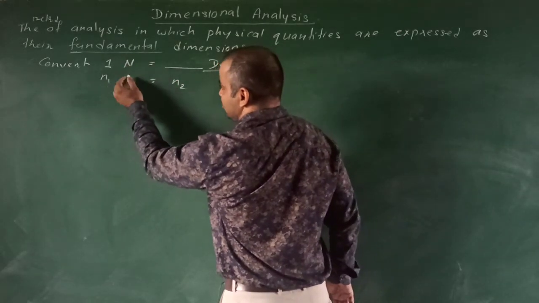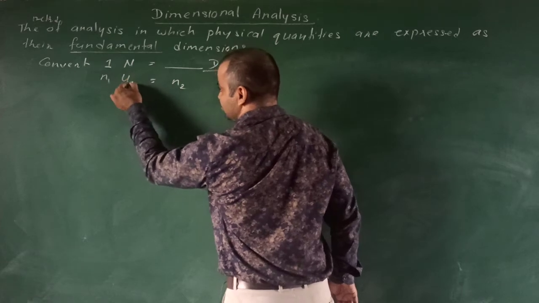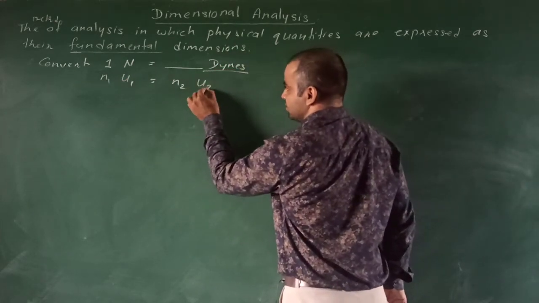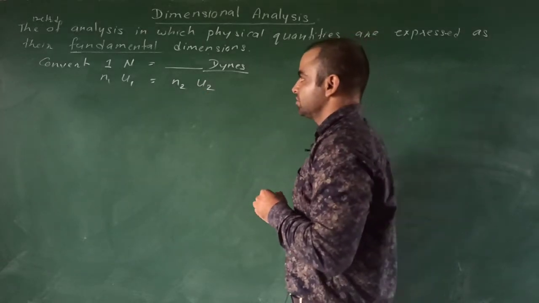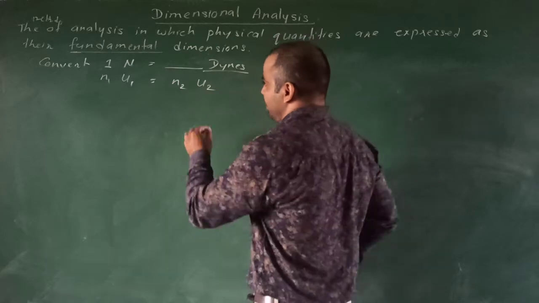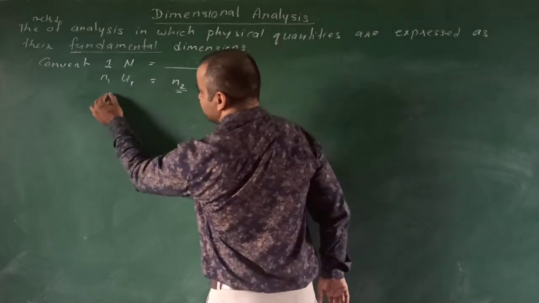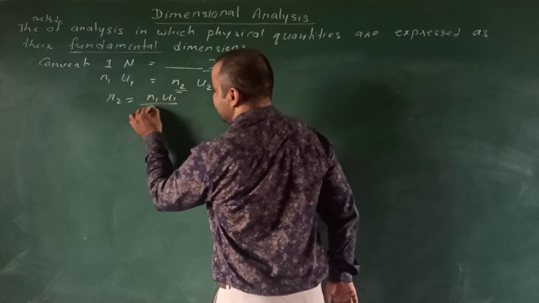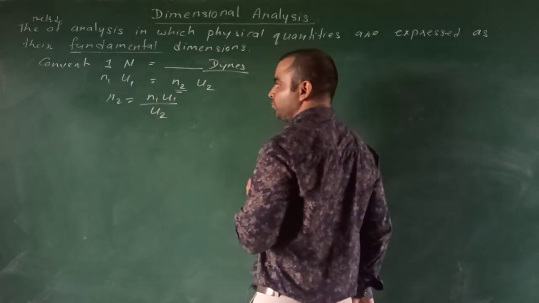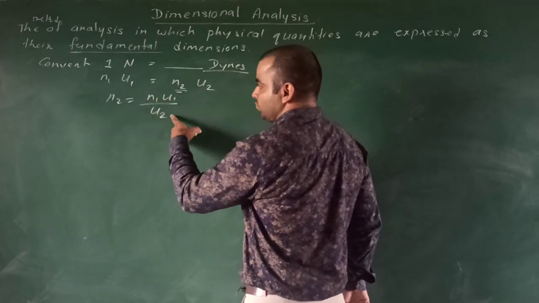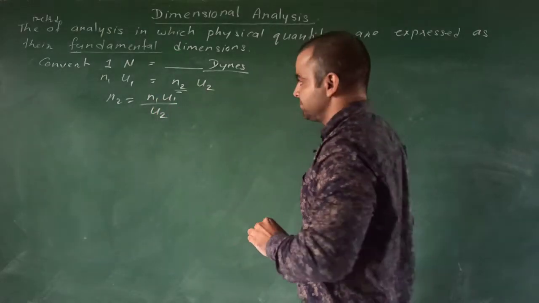N is the Newton and is unit. Dyne is another unit. So N1 U1 equals N2 U2. We have to find N2. N2 equals N1 U1 by U2. Here N is the magnitude and U1, U2 are the units.